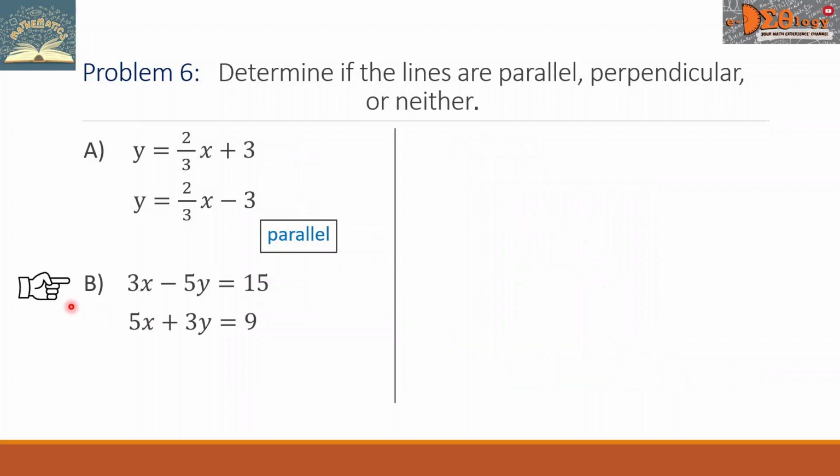Let's go to problem B. 3x minus 5y equals 15. 5x plus 3y equals 9. The first equation is line 1, second equation is line 2. Let's calculate now for the slope using this equation. m equals negative a over b.